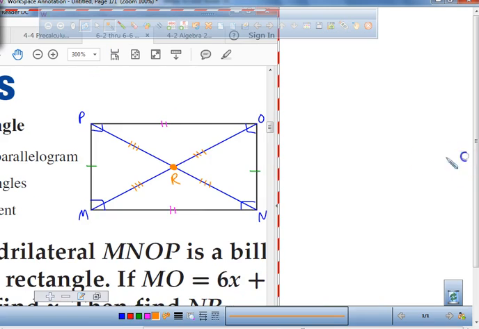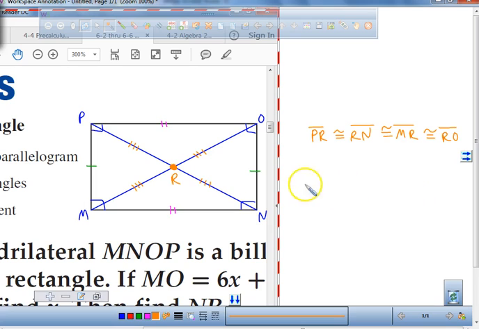That means I have 4 segments that are perfectly congruent to each other. The distance from P to R is congruent to the distance from R to N. Also, we could say that's congruent to N to R, which is congruent to R to O.